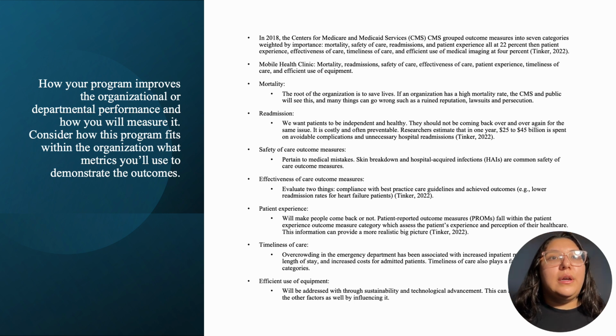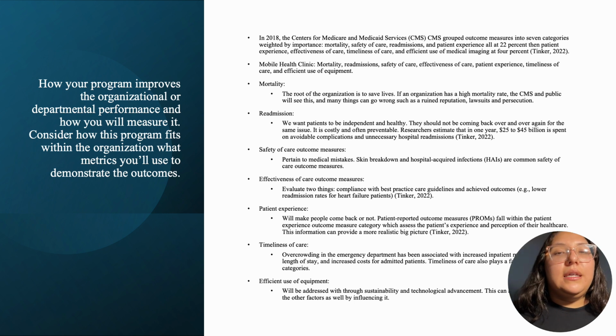The mobile health clinic will be using the quality measures focusing on mortality, readmission, safety of care outcome measures, effectiveness of care outcome measures, patient experience, timeliness of care, and efficient use of equipment.